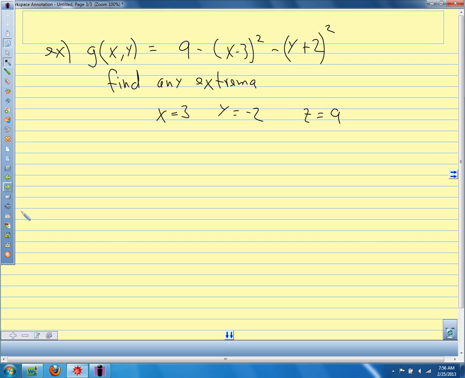We call it the second partials test. The second partials test will tell us, do we have a maximum, do we have a minimum, or do we have a saddle point? Just like the second derivative test, we can tell if it's concave down, we have a maximum, concave up, we have a minimum, so all those similar conditions. So we have the second partials test.